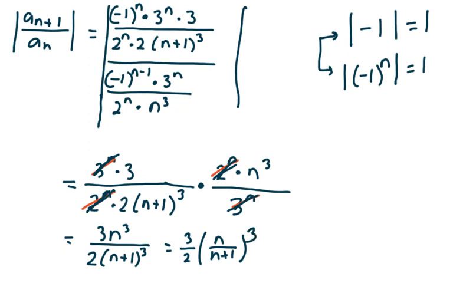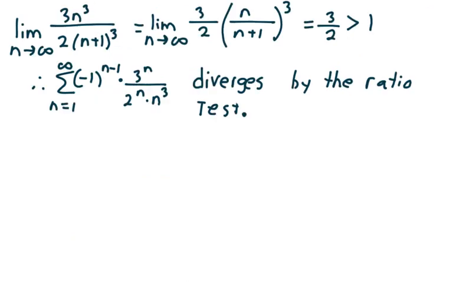Now keep in mind, as n goes to infinity, this piece that I'm circling is going to go to 1. And we can also think about it that way. But we talk about that on the next page.